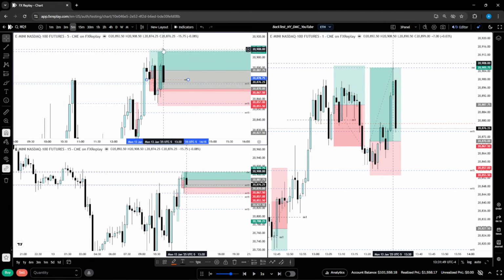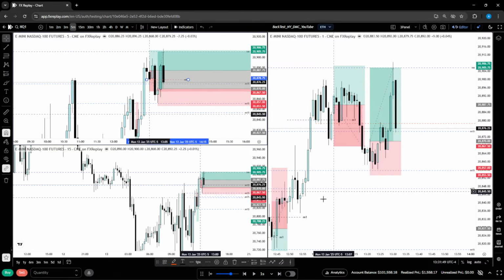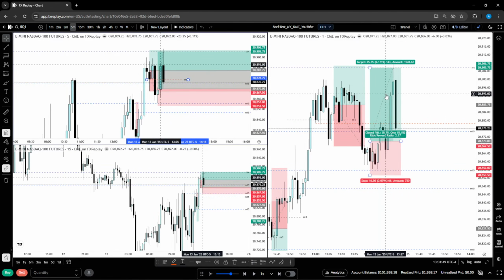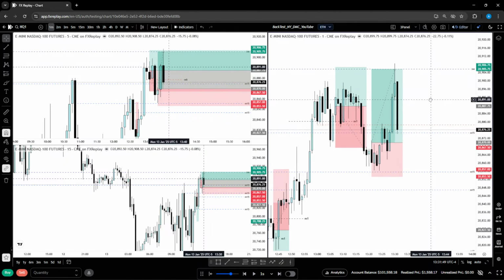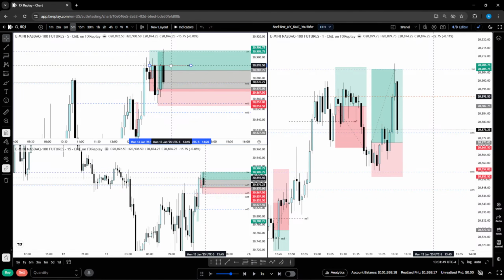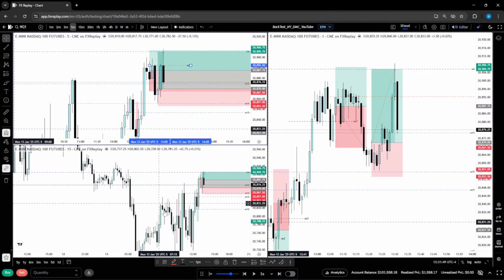Okay. So we basically recovered most of the losses and some. Now we're still kind of in this range. It's like 130.